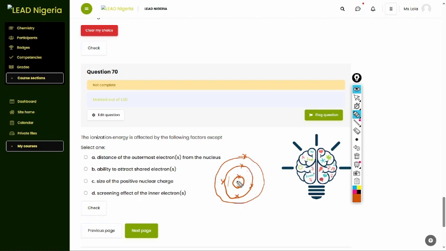So the larger the screening effect, the less the energy required to knock off the electron, because it becomes easy to remove the electron since the attraction of the electron to the nucleus is less. So the correct answer is B. The ability to attract shared electrons does not affect the ionization energy. So we'll go with B.